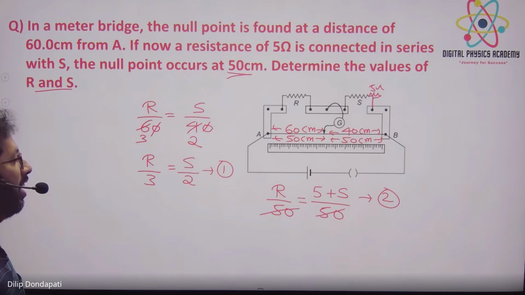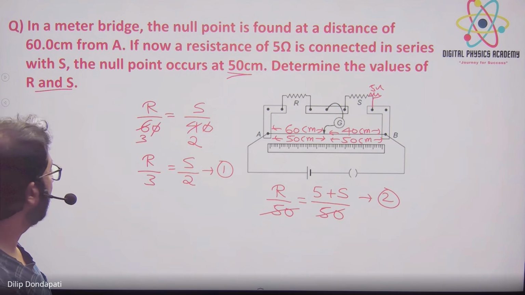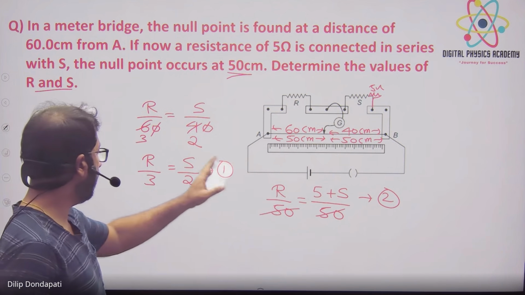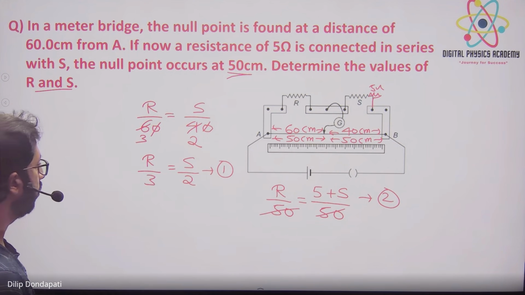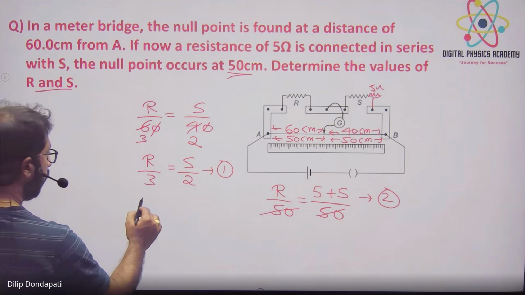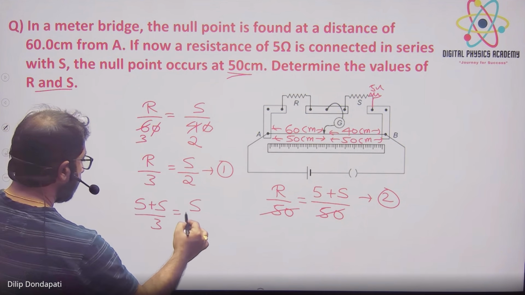Substitute this R here and find S. So 5 plus S by 3 is equal to S by 2.